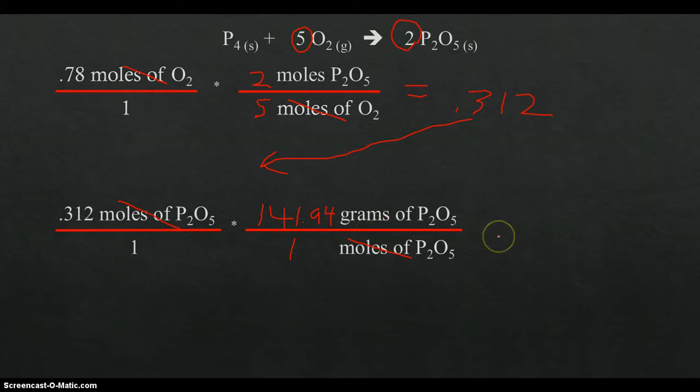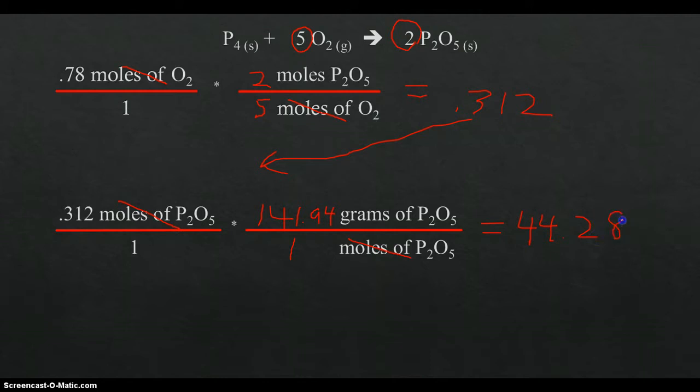Okay, that is your molar mass. And then you're going to go ahead and multiply that by the 0.312, and you should end up with a final answer of 44.28.